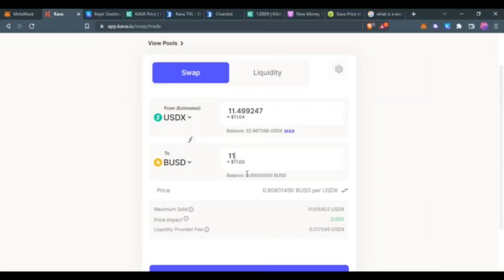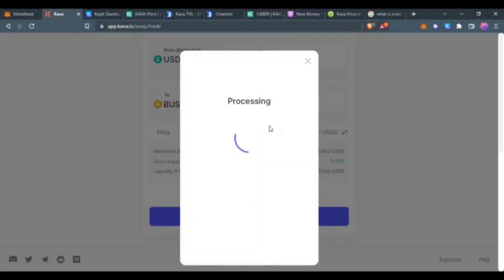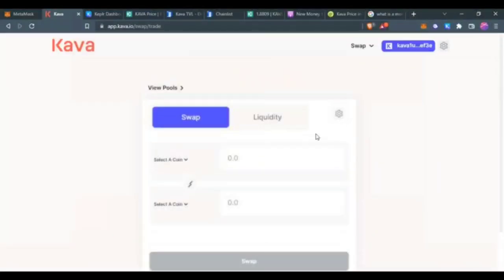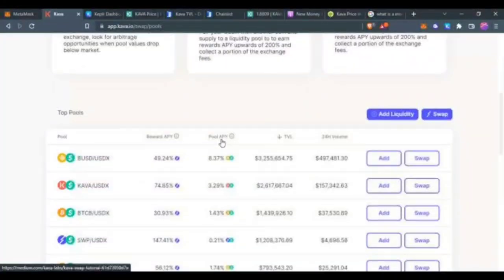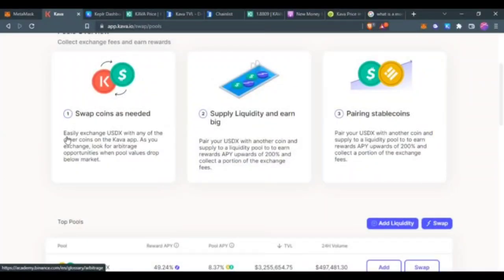Let's do 11, just so we know we're over what seems to be a $10 minimum mark. There we go. Now we go back to the pools.